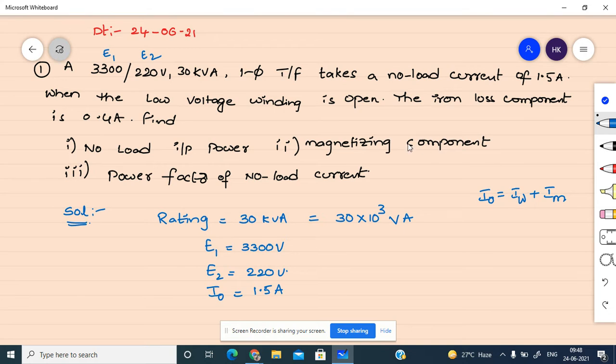IW is the iron loss component and IM is the magnetizing component of current that is used to magnetize the core. So the magnetizing component we have to find. So the IM value we have to find out. The IW value is given, 0.4 amperes. So these are the given values.